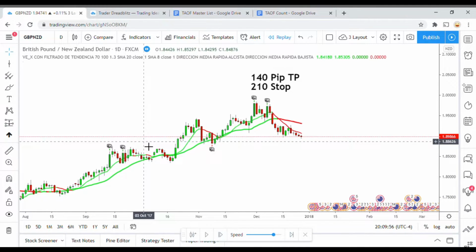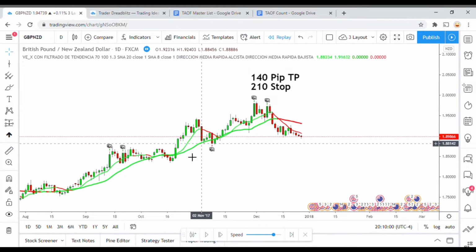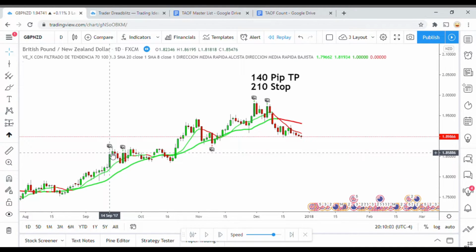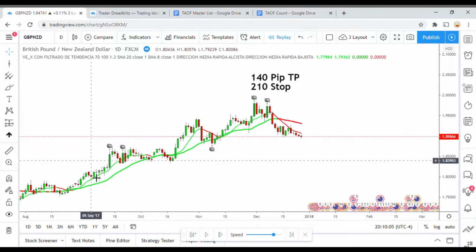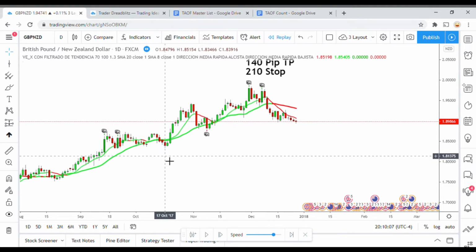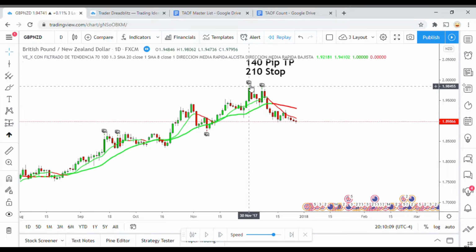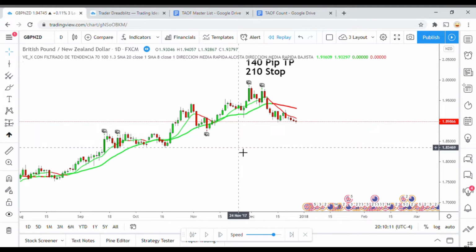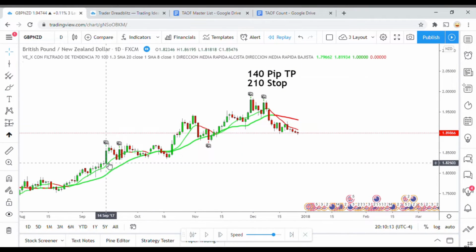Or, and the point of the elephant bar is that it is a candle that is above average range. And so you see that it's these really long candles, right?